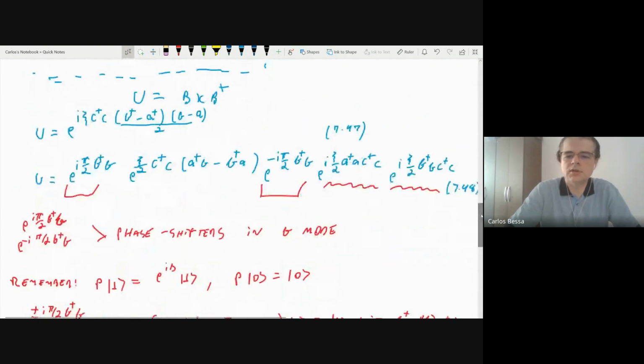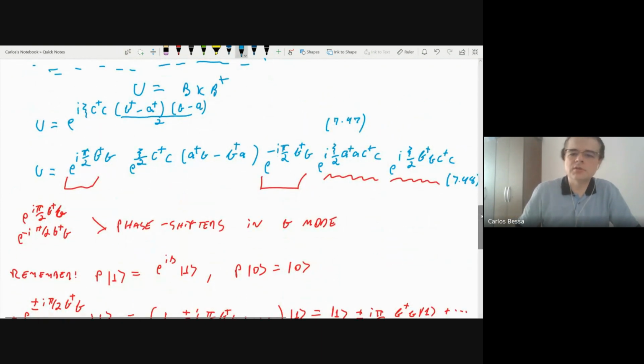And then the same thing here. The conclusion will be the same, but just remember that C acts on the mode C. So these creation and annihilation operators will act on mode C. And the conclusion will be the same.